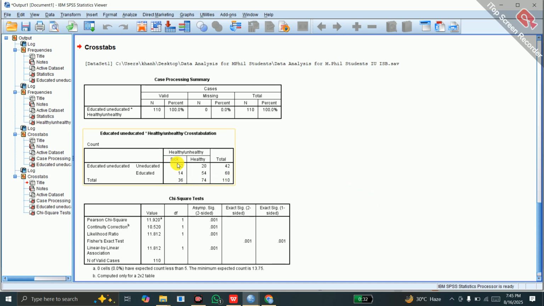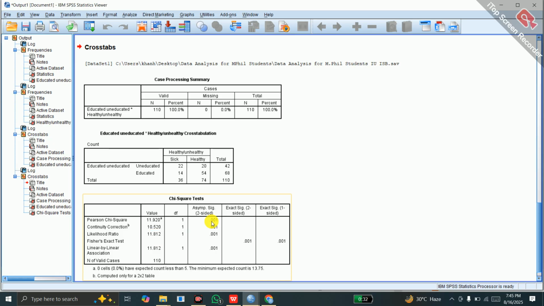I have the same cross tab of health and education, but this time I'm having Pearson chi-square test value which is equal to 11.920, and its asymptotic two-sided statistical significance or p value is 0.001.